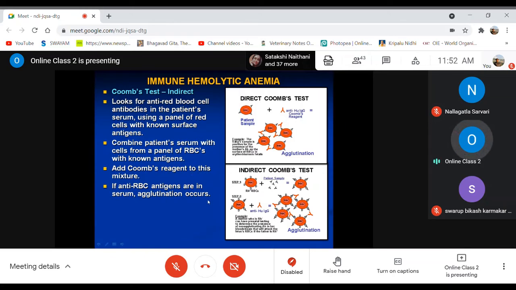By seeing whether there is agglutination or no agglutination, we check for hemolytic anemia in animals as well as in humans. So that is known as the Coombs test, direct or indirect, two different ways, right?